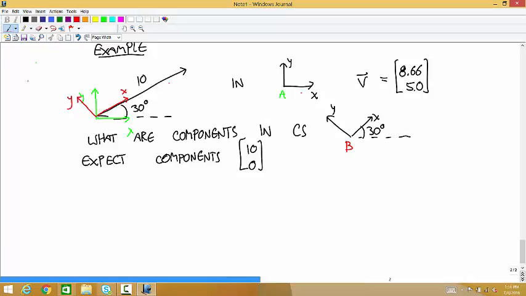The x-axis of the A coordinate system is pointing that way, right? We have to say what the components of that are in this coordinate system. And then the y-axis of A is up. We have to give the components of that vector in this coordinate system. And then the z-axis, they're both the same because it's rotating around the z-axis.